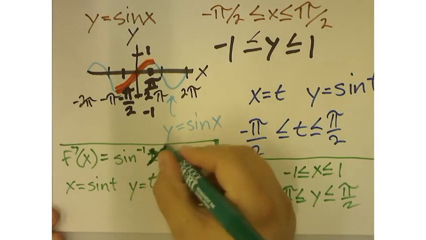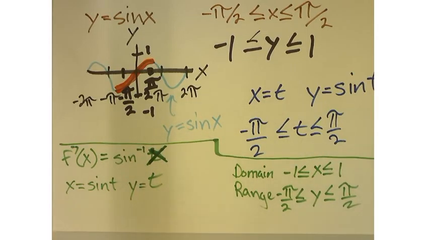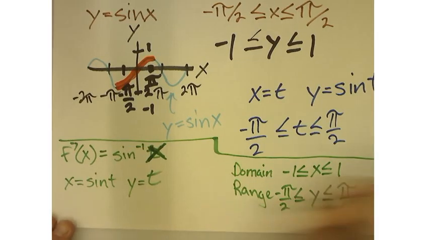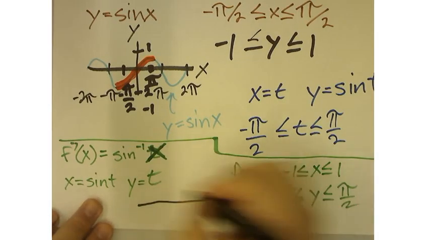Okay? But what does this look like graphically? Well, graphically, the inverse is reflected across the origin. And so if I have a range from negative pi to pi, let's just draw out our graph.